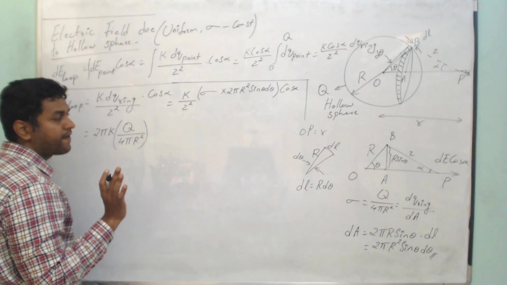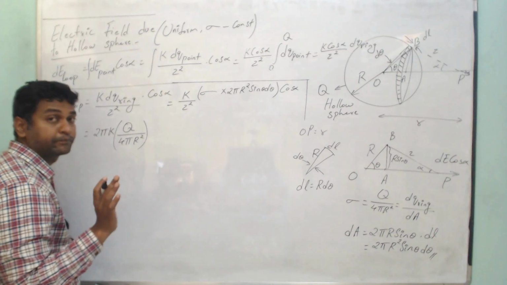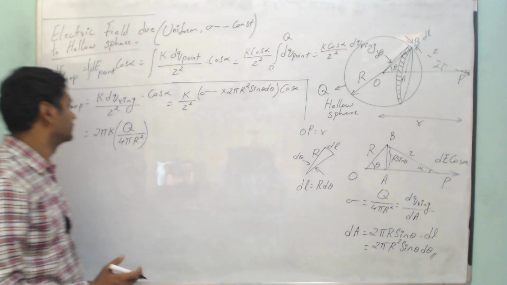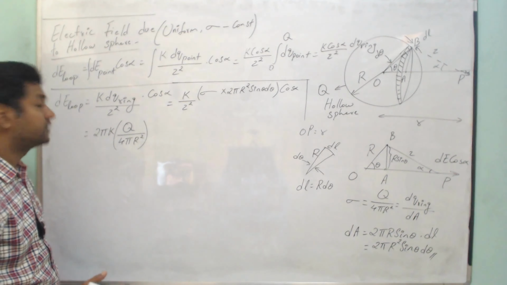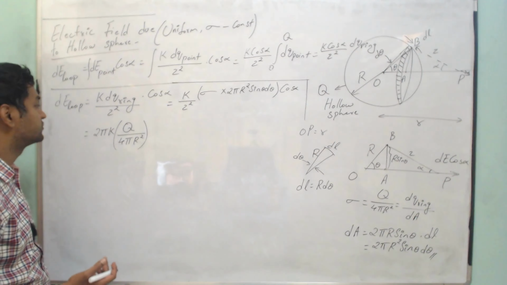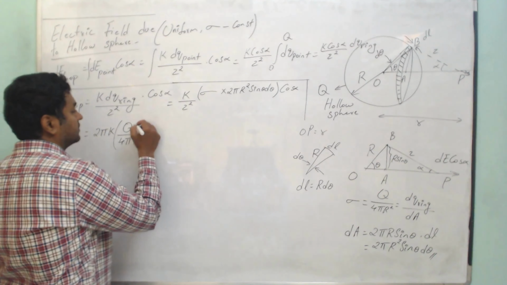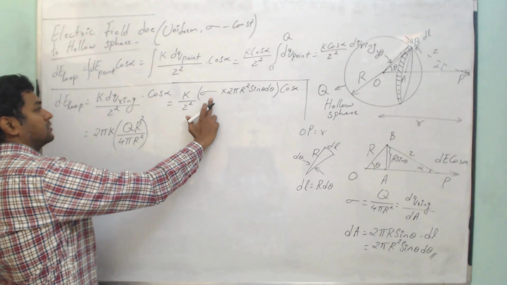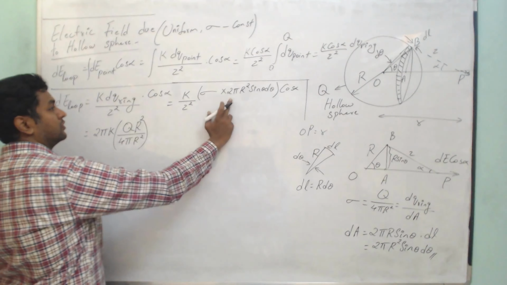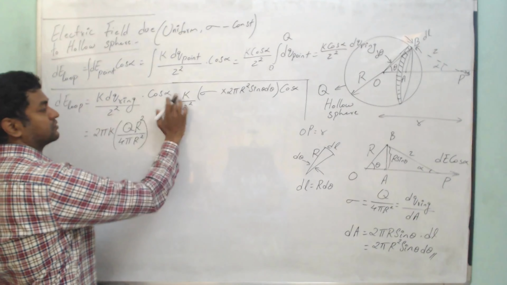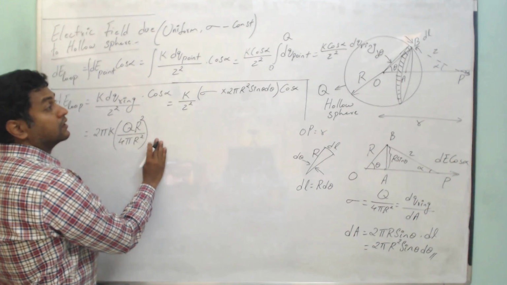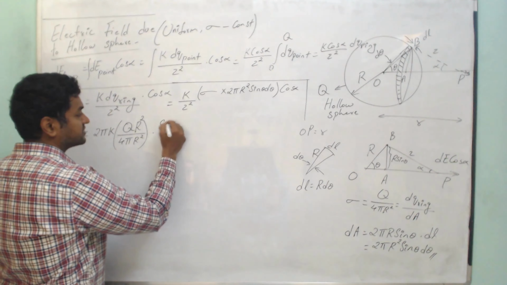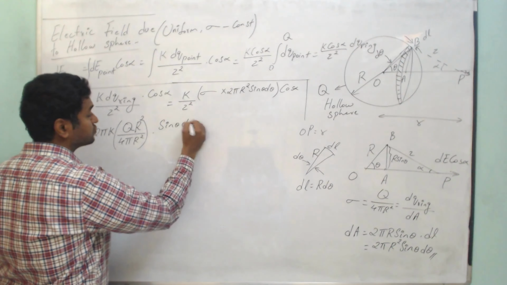And we can take out r square also, which will cancel. Sigma is taken care of, 2 pi r square is taken care of. So here I have sine theta d theta as one part.